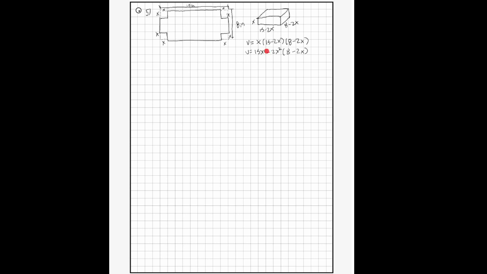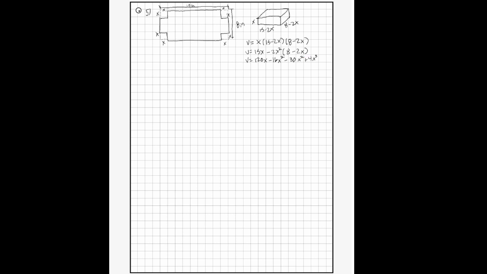Then I expand these two together by multiplying this expression times this expression. So volume equals 120x minus 16x squared minus 30x squared plus 4x cubed.